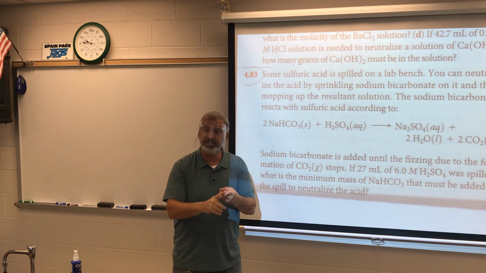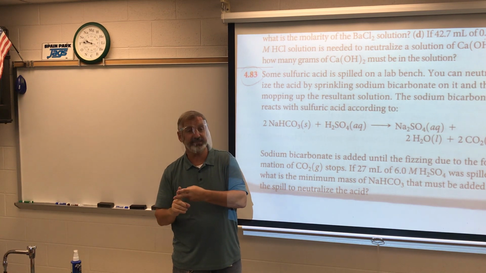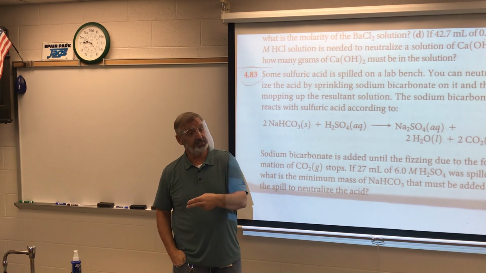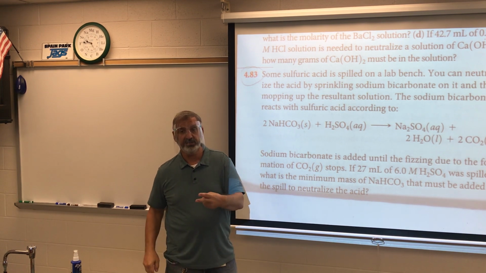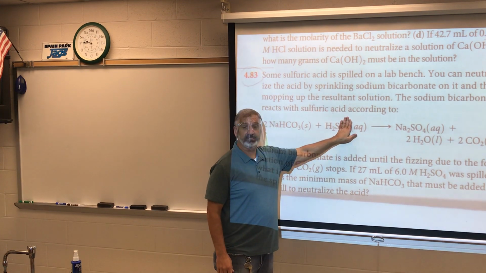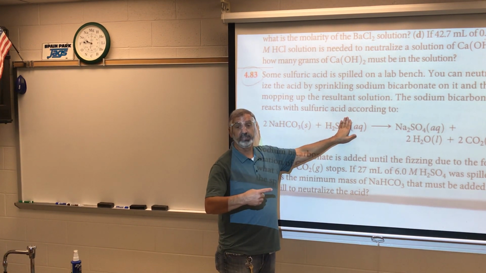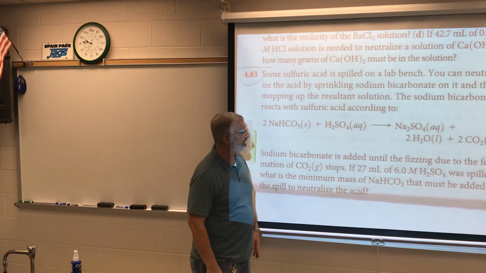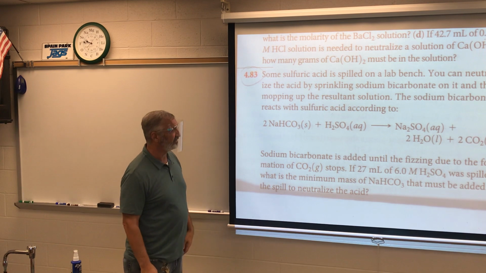If it's sulfite, it's sulfurous acid. Ate goes to ic, ite goes to ous, O-U-S. Then if it was just binary, if it was just H2S, we'd say hydrosulfuric acid. We'll talk about that again, but that's neither here nor there for this.